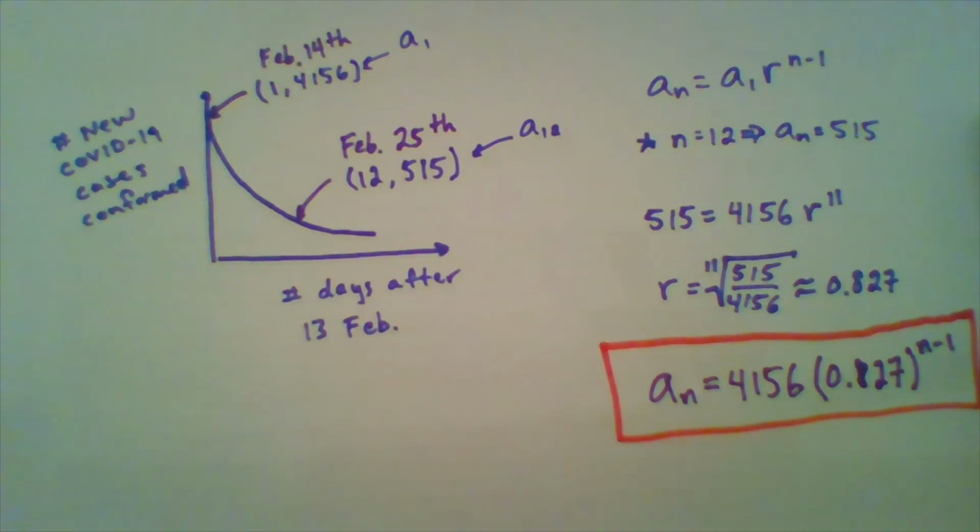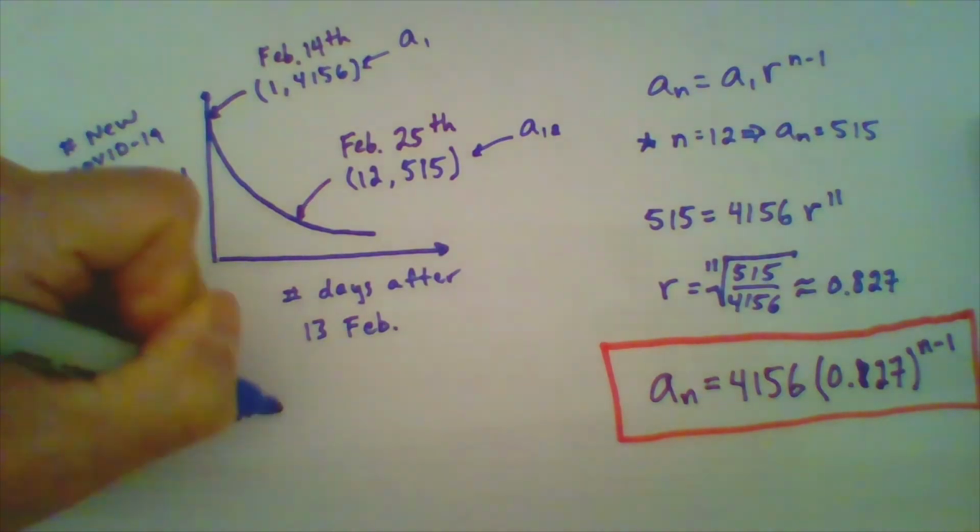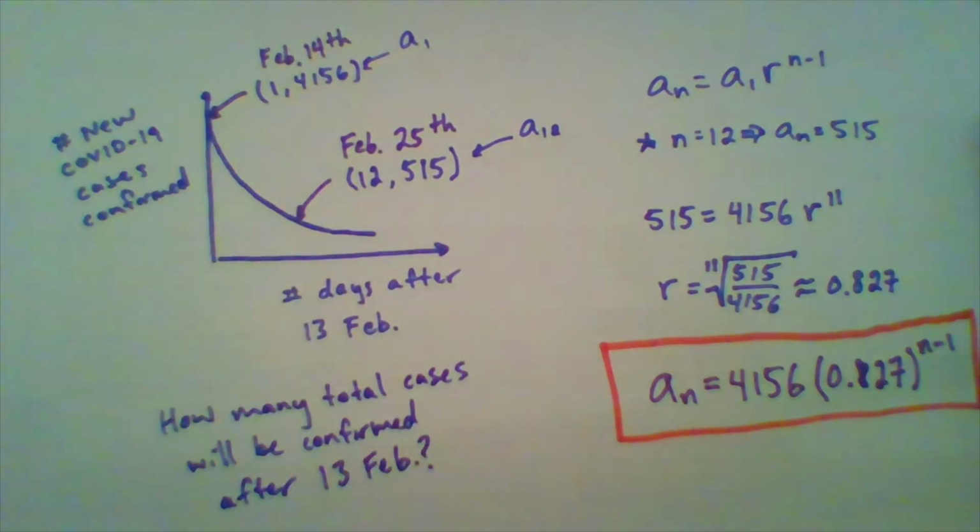Okay, what's nice about this? Well, one thing that's nice about it is that it's a geometric sequence. Another thing that's nice about it is that the common ratio is less than 1. And if you recall, when you have a geometric series and the ratio is less than 1, you can actually find an infinite sum. So we can ask the question, how many total cases will be confirmed after the 13th of February?